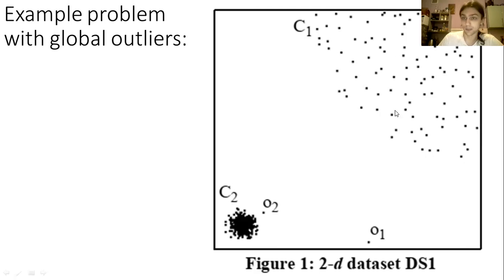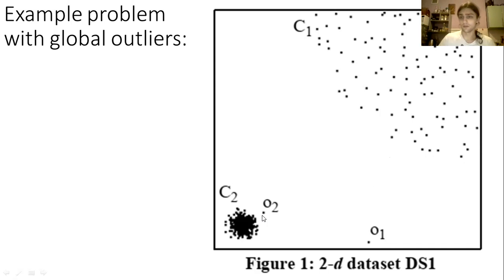But in cluster C1, the distance between some points is really big. And it's elementary that O1 is a global outlier because the distance between O1 and both of the clusters is so large.